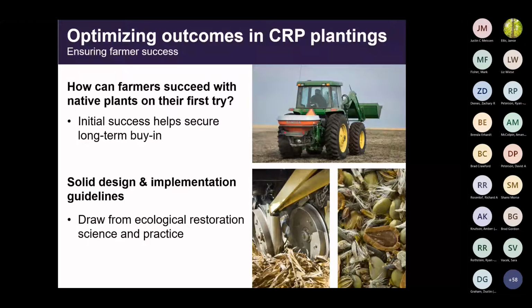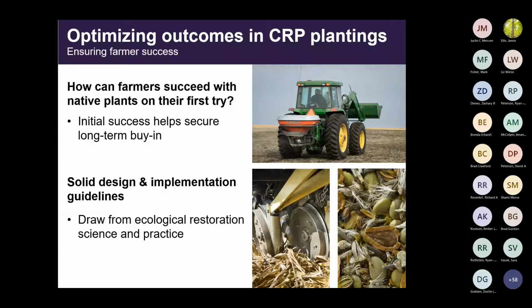So, given how popular CRP using somewhat diverse native vegetation has become, these kinds of practices have a lot of potential to be widely adopted by folks without a lot of experience planting native vegetation. Given the potential for so many new adopters, it's important to ensure they can succeed with their first experience, since that's going to help secure long-term buy-in for these programs or expansion of the practices.